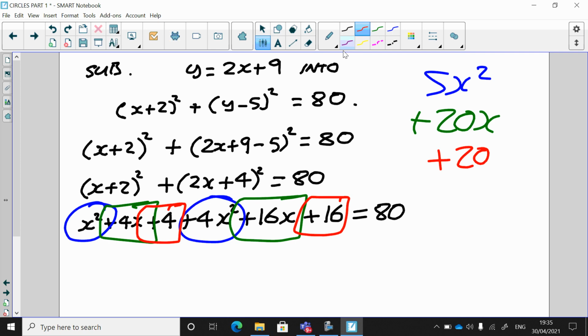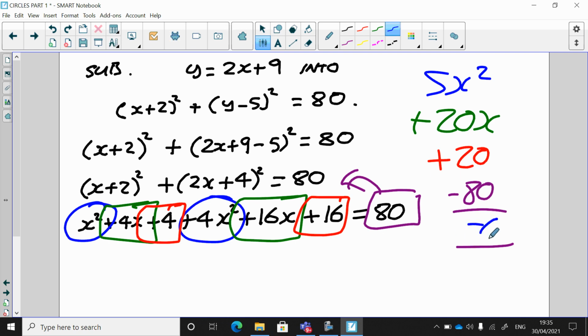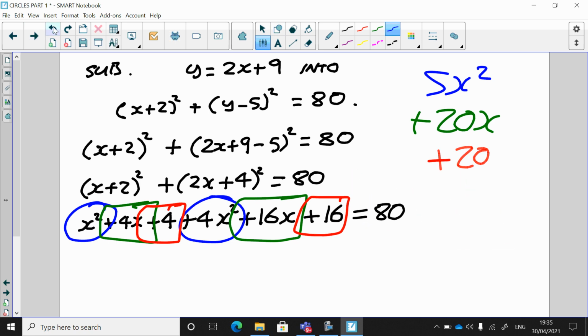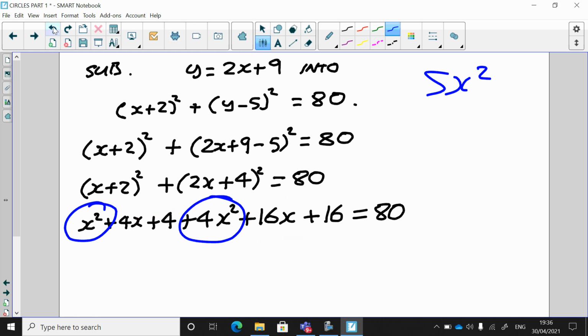But remember, I've got an 8 there that I need to bring across, so I need to subtract that to get minus 60. I was just showing you the arithmetic, that's all that's going on there.